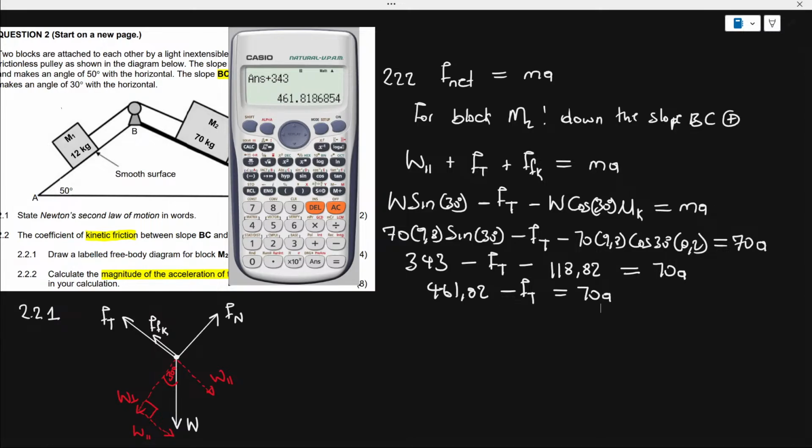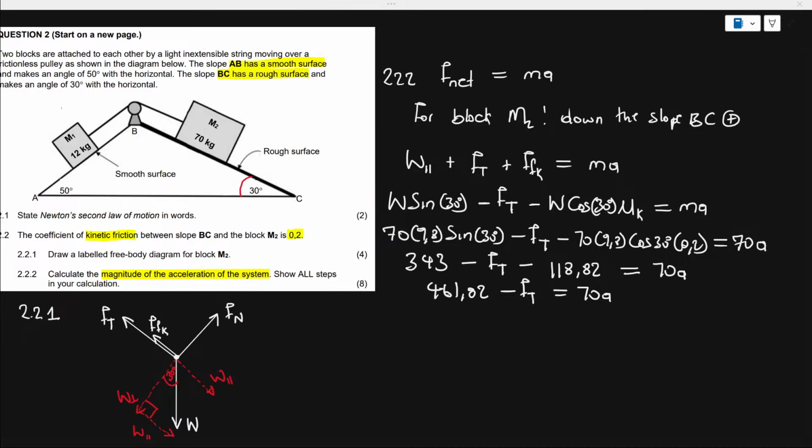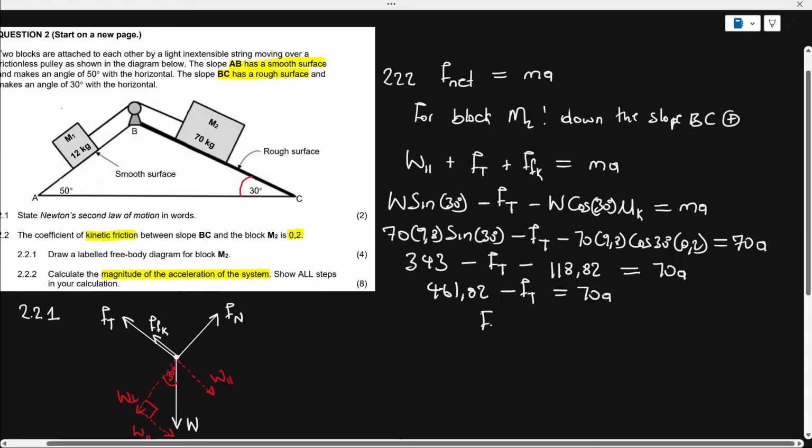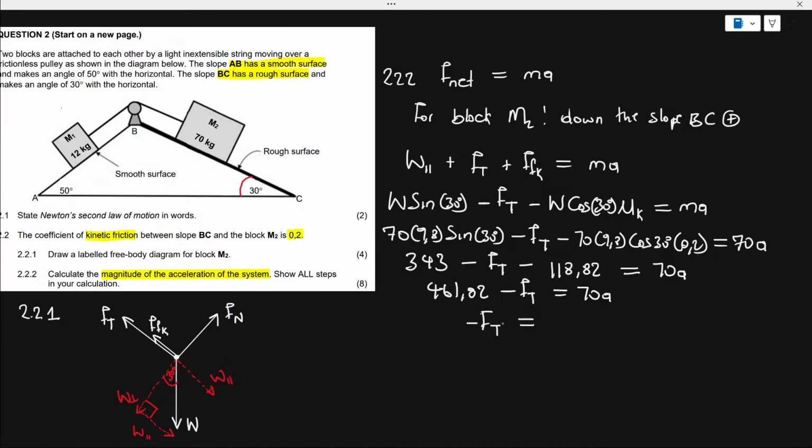So now here is the thing. I'm going to suggest that we make Ft the subject of the formula here. So if we do that, first negative Ft will be 70A minus 461.02.